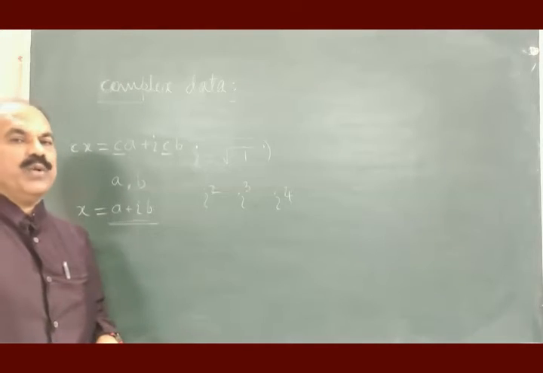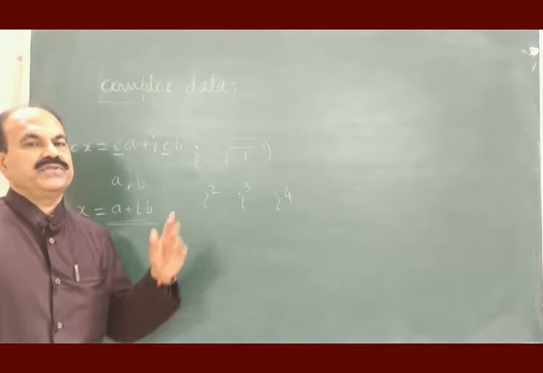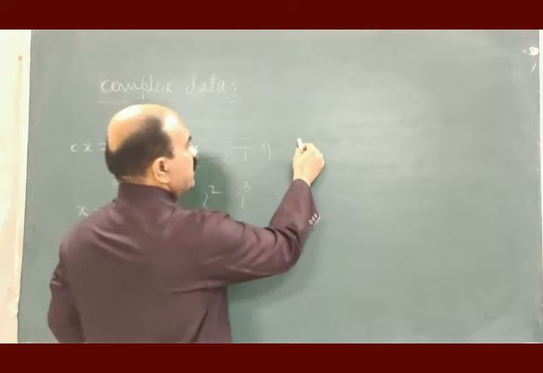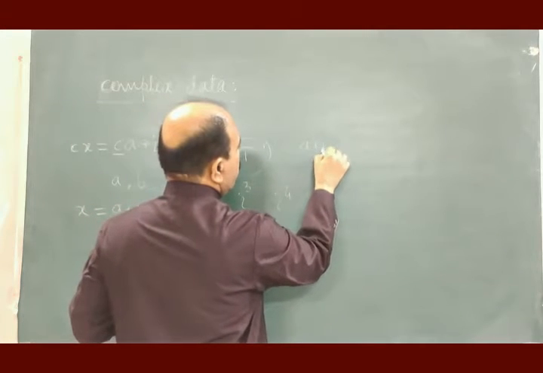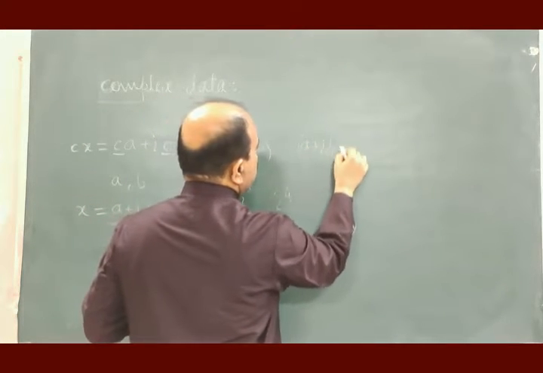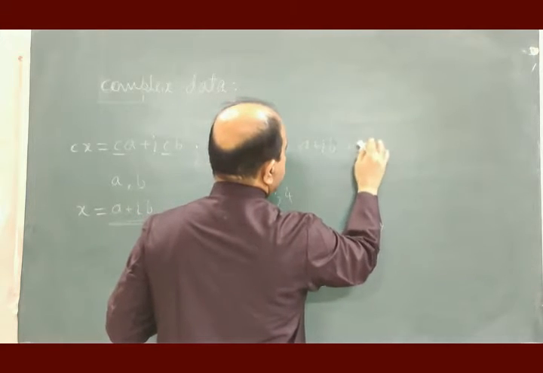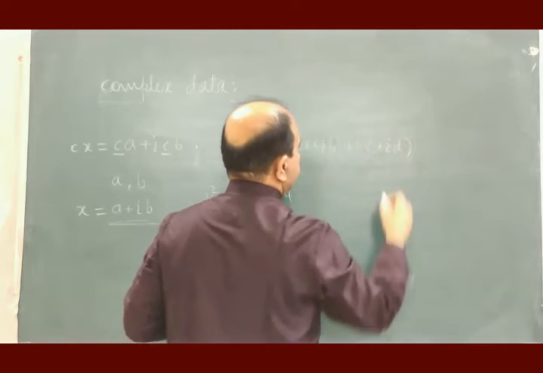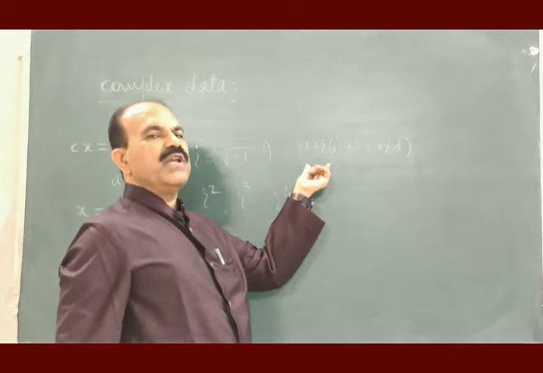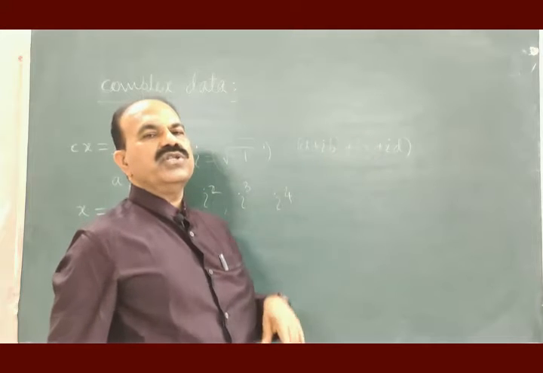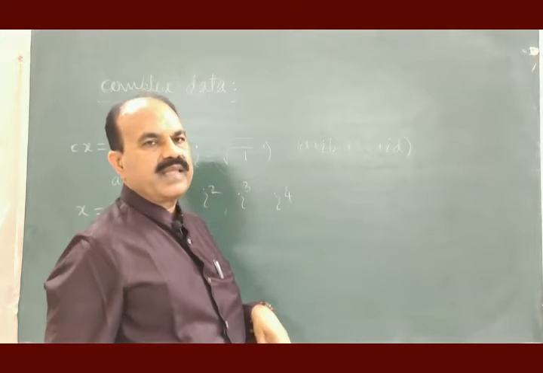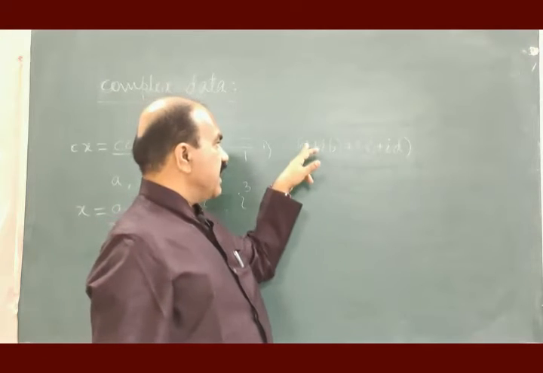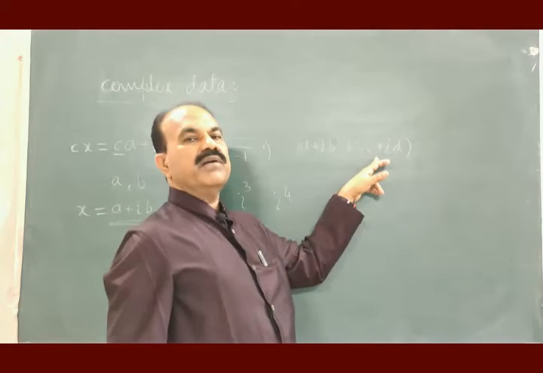Various arithmetic operations can be performed with complex numbers. For example, if you have two complex numbers a plus ib and c plus id, this is one complex number, this is other complex number. Add these two. How to add these two? Add real part with real part.